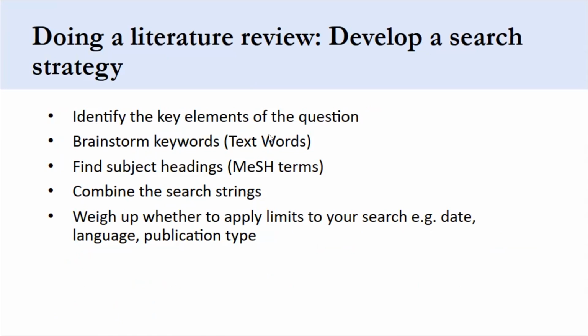You can ask ChatGPT, give me synonyms for Ozempic, give me synonyms for weight loss, and that might give you a start on building up some keywords to put into your final search strategy. I wouldn't use ChatGPT to search for articles because it has a tendency to either be too broad, but also to hallucinate references. And that's not something that you want to have to deal with when you're doing your review.